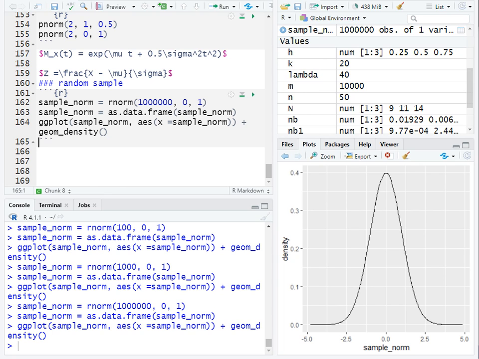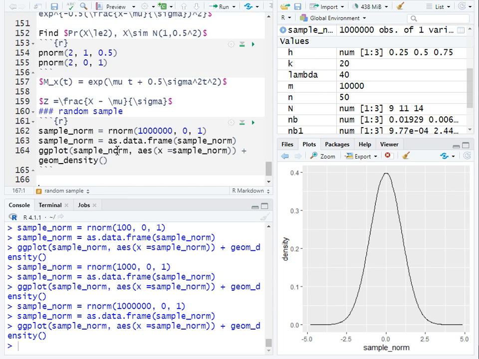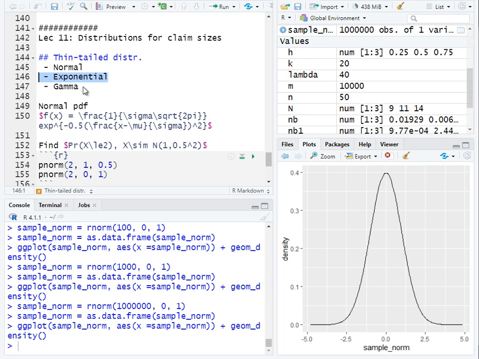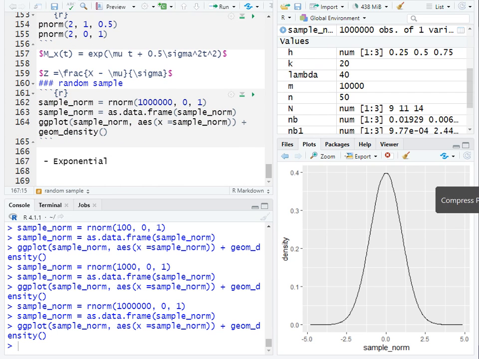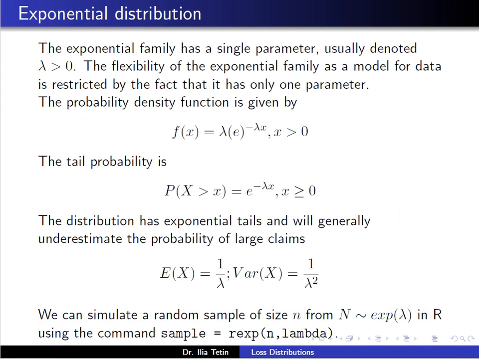First example of this kind of thin tail distribution. Second example is the exponential distribution. The exponential distribution has a single parameter lambda, which is larger than 0. This is the probability density function: lambda e to the power of minus lambda x, for x positive.